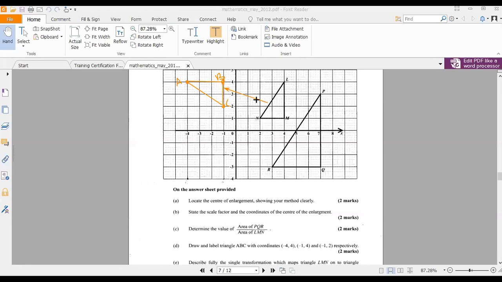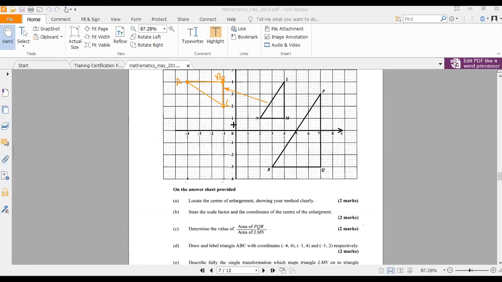What is it? Is it a reflection, translation, rotation, or enlargement? Like rotation. That would have been what? Definitely rotation. It can never be reflection nor enlargement nor translation. The fact that the orientation changed, then it is rotation, right? So how do we go into this rotation business now?